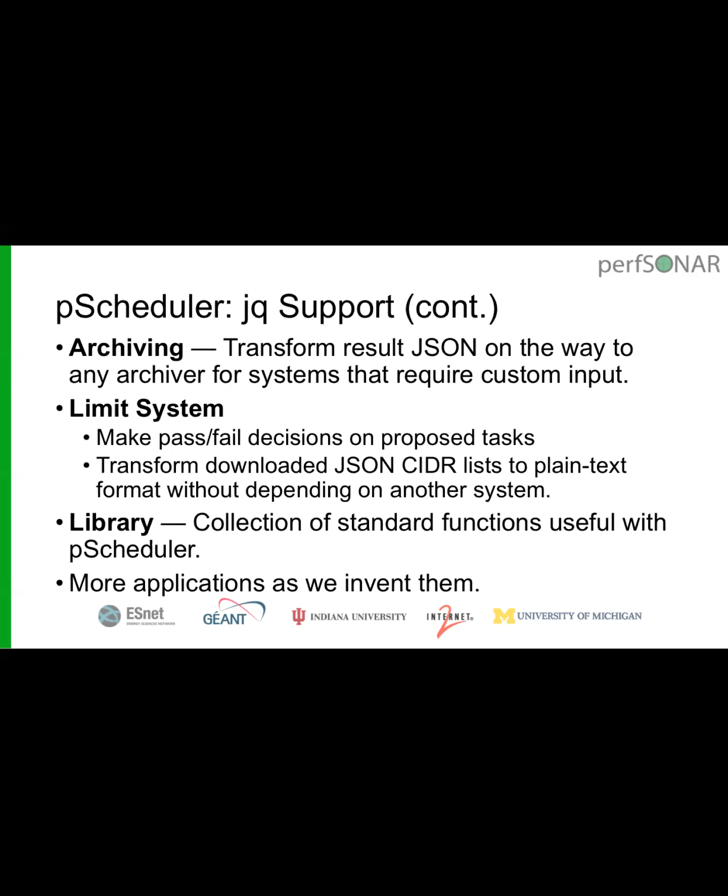Additionally, the identifier system has a facility in it for downloading lists of CIDR blocks to use to identify requesters. One of the things that you'll be able to do is modify that on the fly. Amazon Web Services is sort of famous for this. They have a JSON list that you can download that lists all of their IPv4 and IPv6 prefixes.